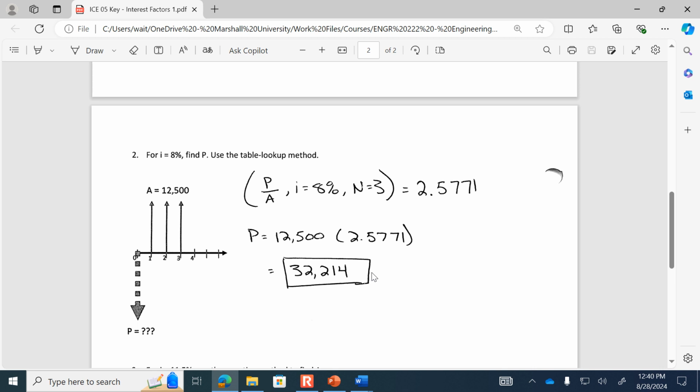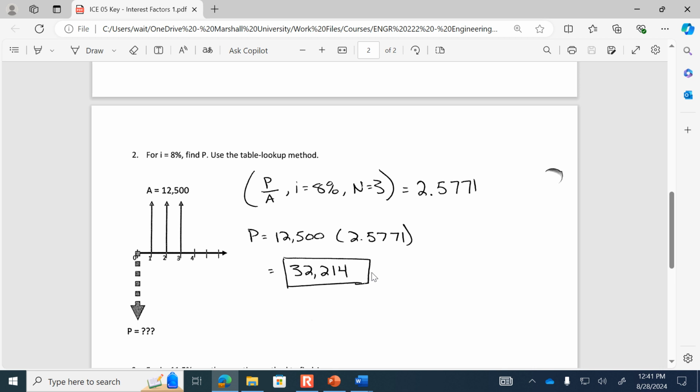Yeah, so that one says 32,213 and 75 cents. So the reason why we said 214 is just because it's closer to 4 than it is to 3. But it's not always rounding up. It's just the standard round off rules. And so if it had been 213 and 45 cents, then we'd say 213 instead of 214.